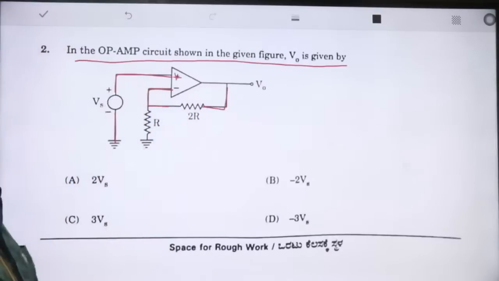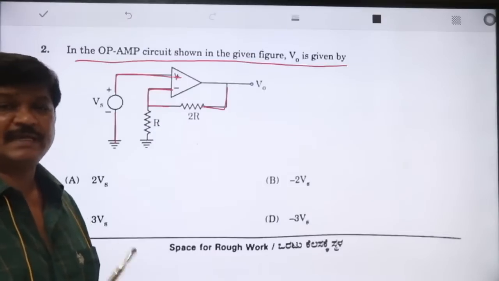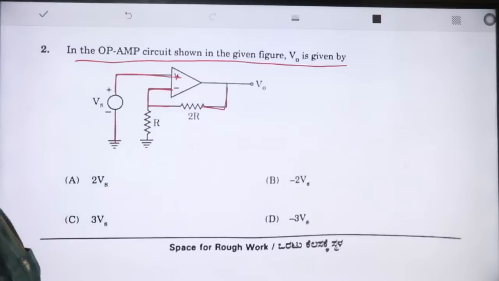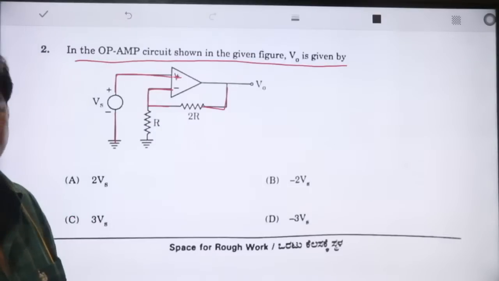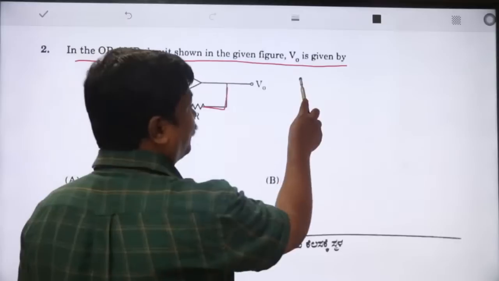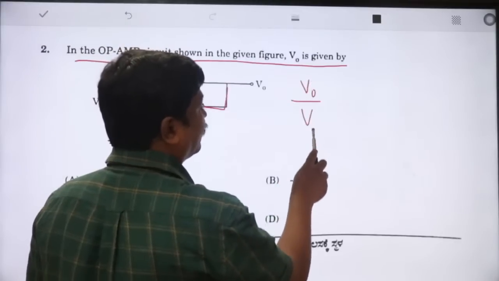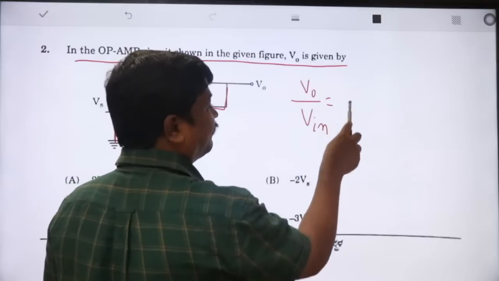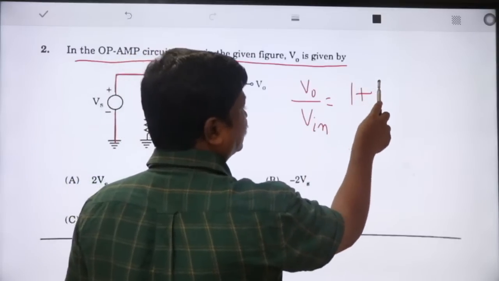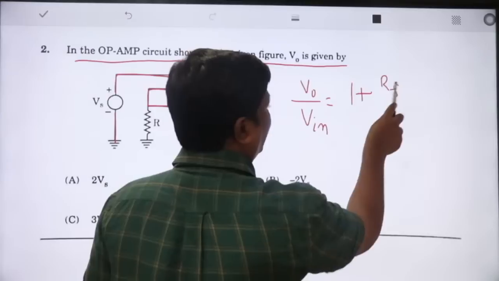How does it act? It acts like a non-inverting op amp. For the non-inverting op amp, what is V0 by Vin? The gain factor is 1 plus Rf by R1.